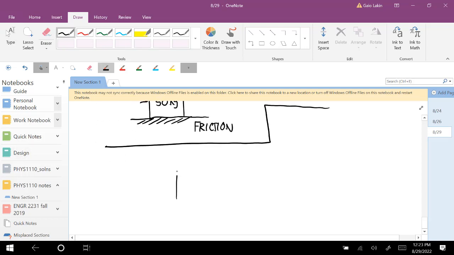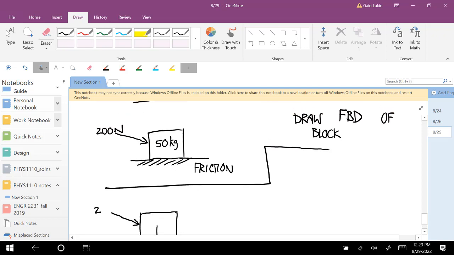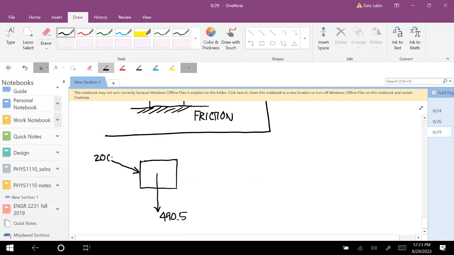Okay, well, draw a closed outline of the chosen body. And there's a downward weight force. That's 50 times 9.81, so 490.5. There is a 200 newton force acting in a known direction like that.